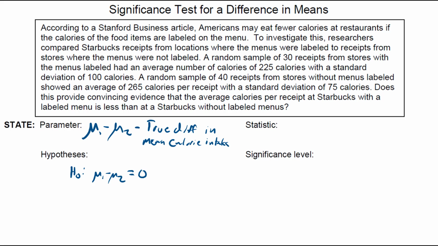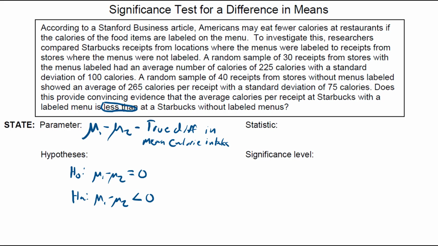They're going to be the same. There's not going to be any difference there. However, our alternative, what they're proposing, is that the Starbucks with a labeled menu is less than a Starbucks without a labeled menu. So in other words, our difference, mu1 minus mu2, is going to be less than 0. It gave us less than right there.